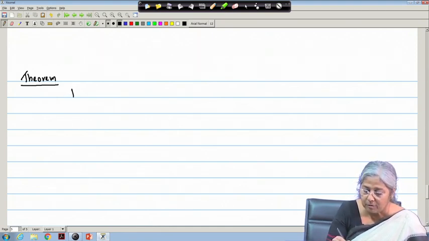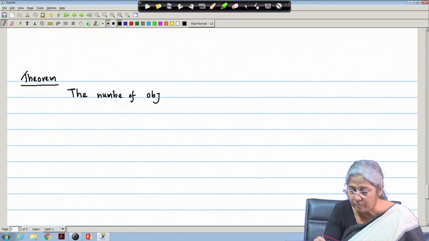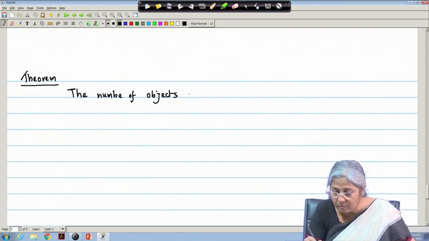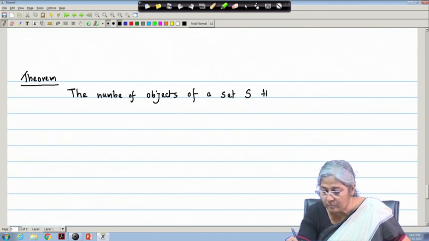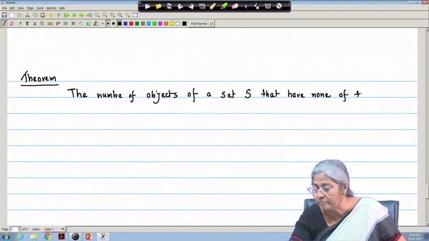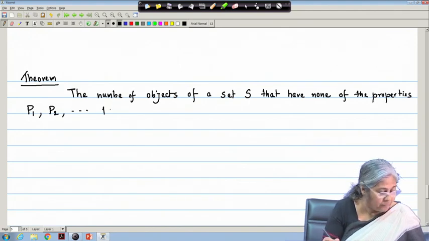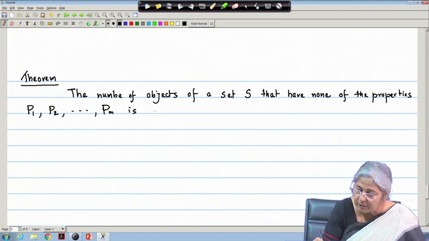We write the number of objects of a set that have none of the properties P1, P2, up to Pm is given by.